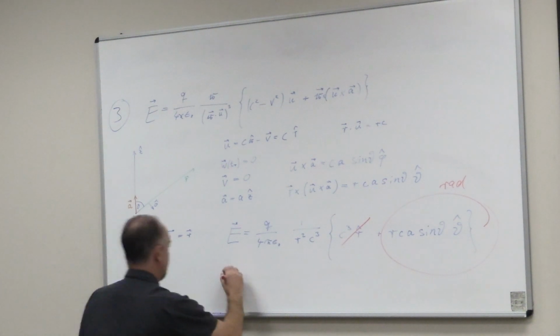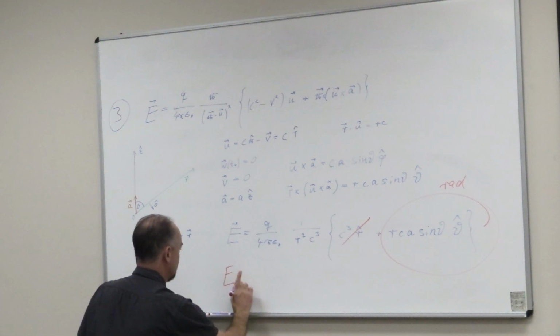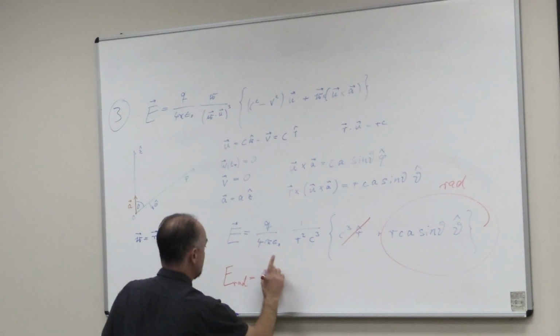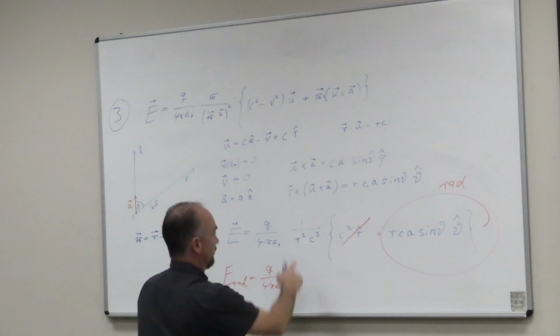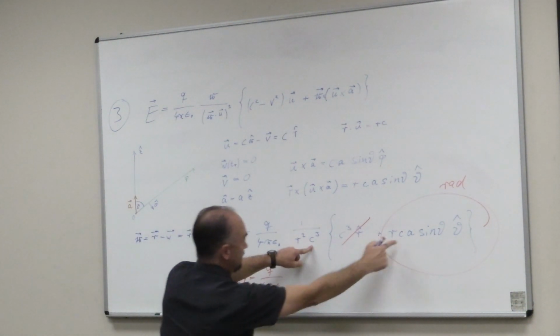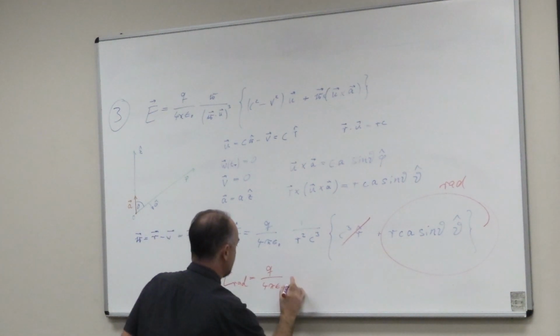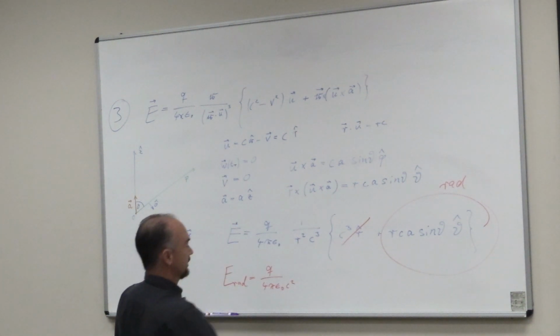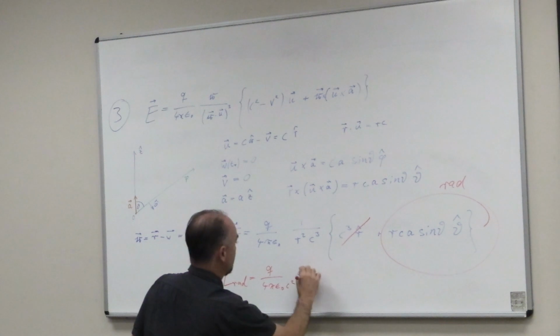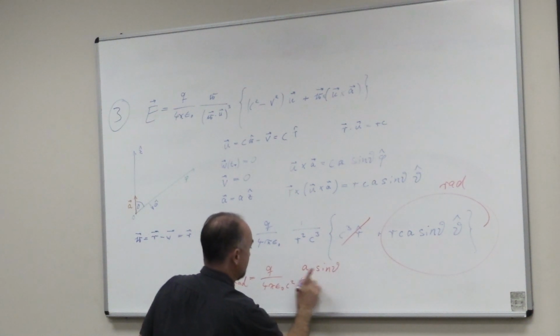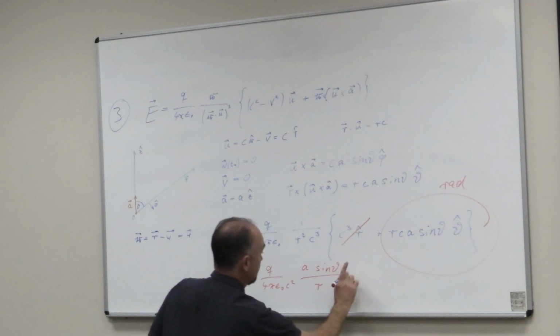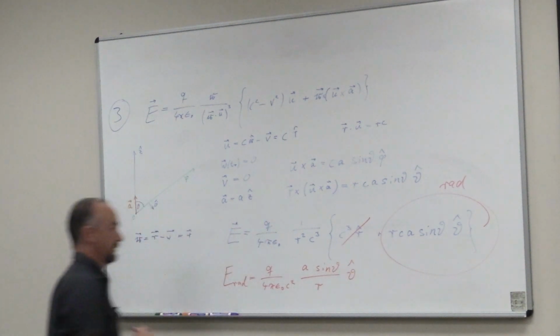So we have our radiative electric field as q over 4 pi epsilon naught. And then we have 1 over r c cubed. There's still a 1 over c squared here, right? C squared, 1 over r, and here's a sine theta over r, and that goes in the theta direction.